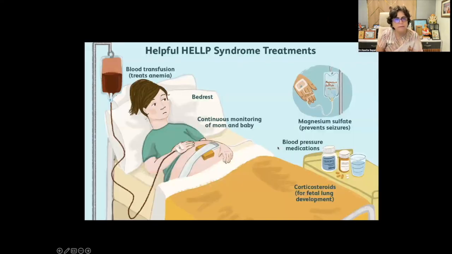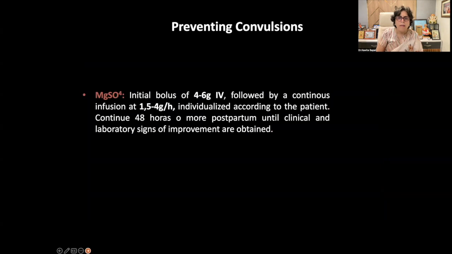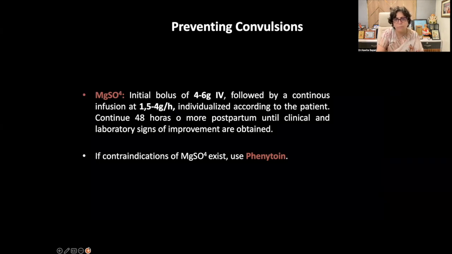So the treatment: blood transfusion if there is anemia, bed rest, continuous monitoring of mother and baby, magnesium sulfate to prevent seizures, blood pressure medications, and corticosteroids for fetal development. If there are convulsions, magnesium sulfate is important: 4 to 6 milligram IV followed by continuous infusion, individualized according to the patient, continued for 24 hours more postpartum.